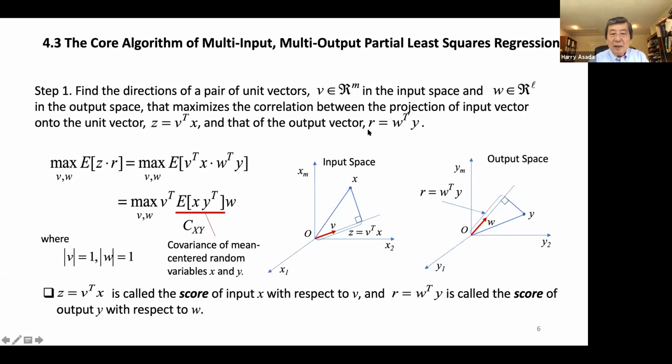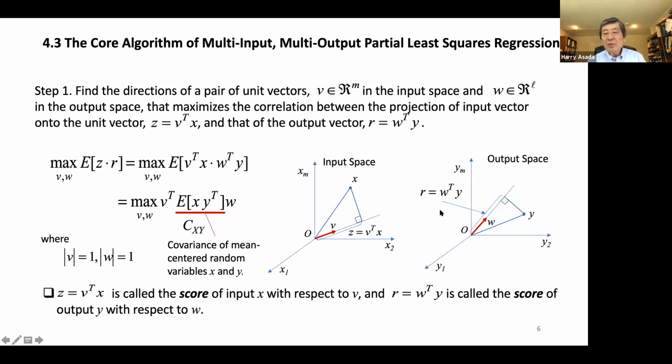So in the input space, we consider this unit vector V, and the projection onto it is this Z equal to V transpose X. This value Z is called the input space score.